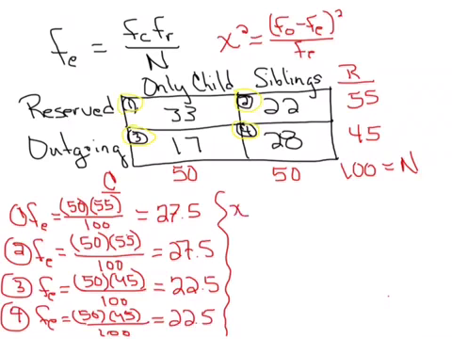So here's what we're going to be looking at. f of O for cell 1 is 33 minus the f of E for cell 1, the frequency of the expected value, is 27.5.